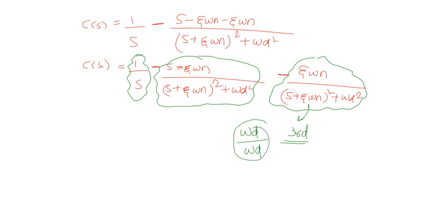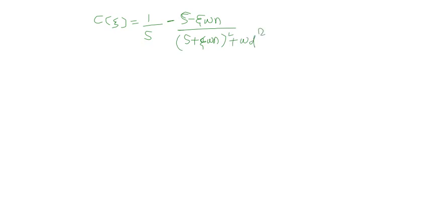Then C of s becomes equal to 1 by s minus, the first two terms are the same, minus s minus zeta omega n by s plus zeta omega n whole square plus omega d square, and for the third term I am multiplying omega d and dividing by omega d.